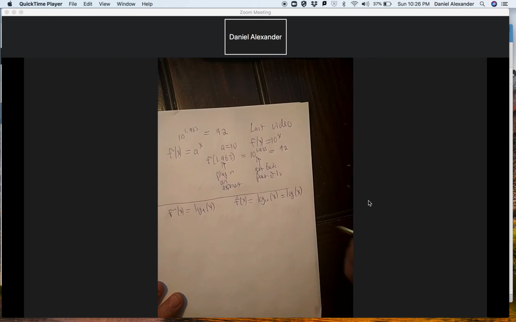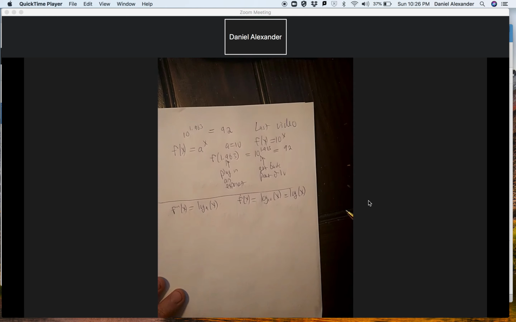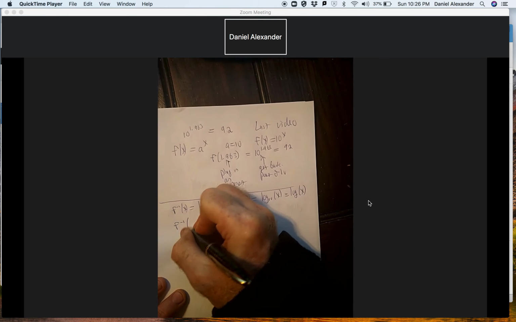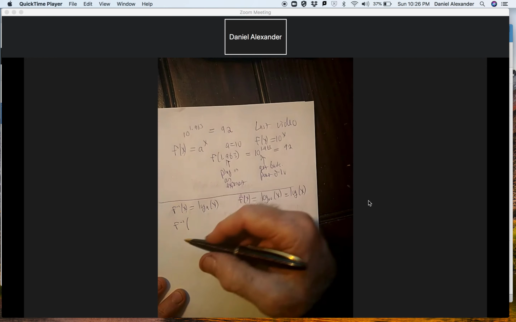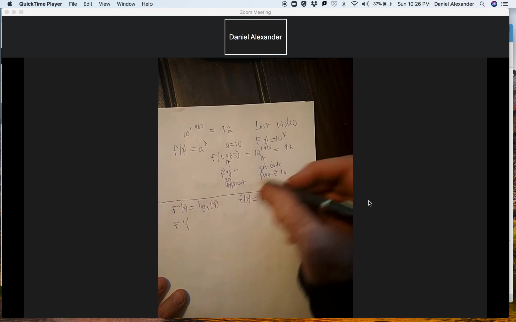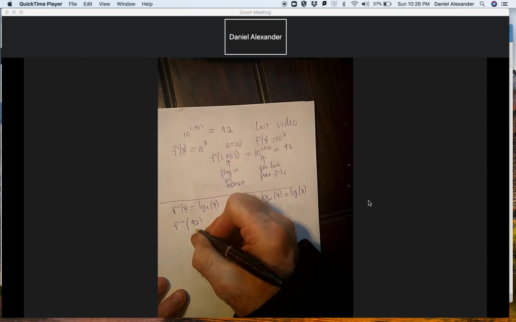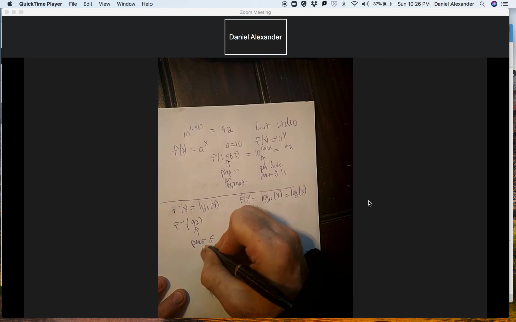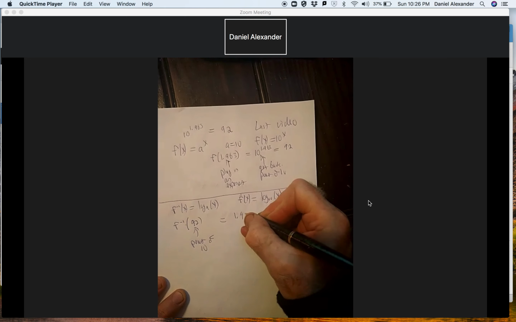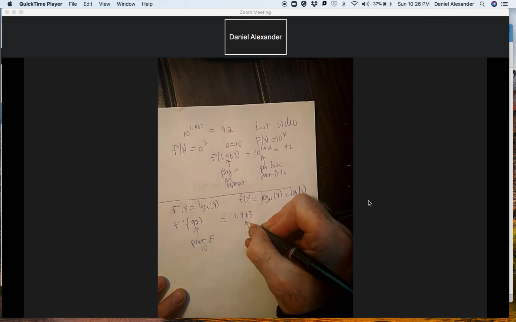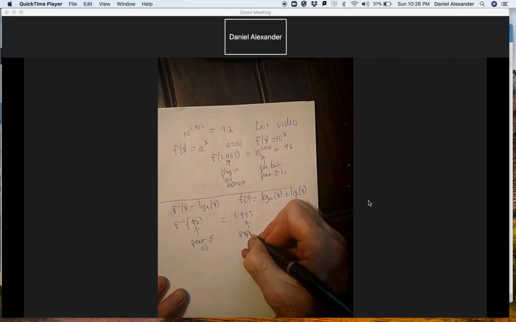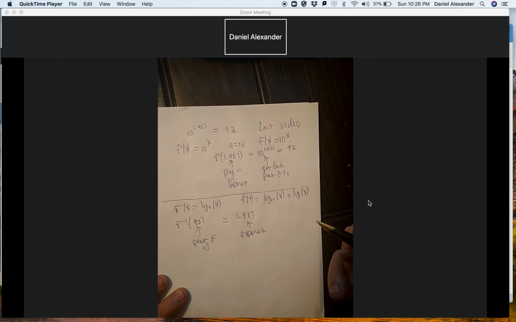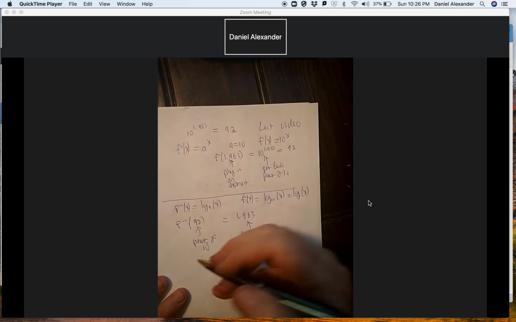So if you just see the log of x, you put a 10 there. Remember, the inverse is this relationship: we plug in our number, that's a power of 10, and f inverse of 92 is going to be equal to 1.963, and we get back the exponent. So we plug in a power of 10, get back an exponent, and the main function is the opposite. That's what an inverse does.